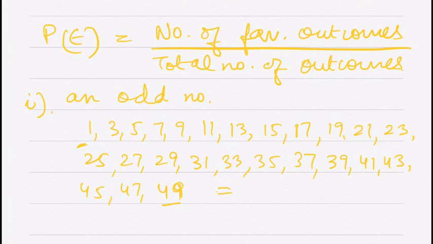You can count these: 1, 2, 3, 4, 5, 6, 7, 8, 9, 10, 11, 12, 13, 14, 15, 16, 17, 18, 19, 20, 21, 22, 23, 24, 25. So there are 25 odd numbers.